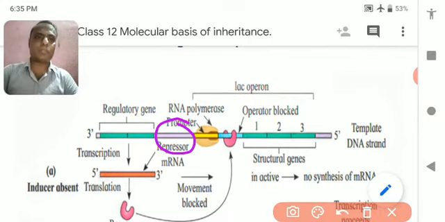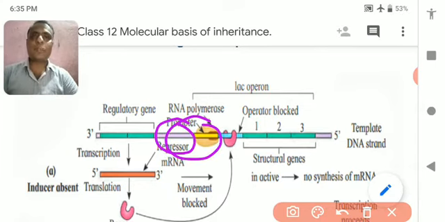Next, this is the promoter. This site is the promoter, and the promoter promotes the process of formation of a particular kind of gene product. It helps the process to carry on.